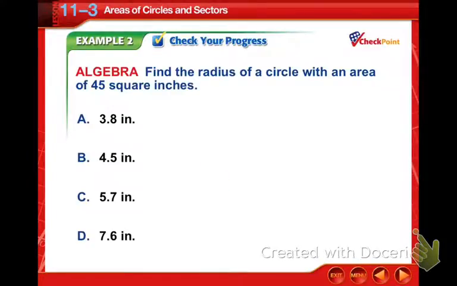All right. Our next one here, same idea. Want to find the radius. We are given the area. So our area now is 45, equal to pi r squared. Again, we divide by pi. So r squared is equal to 45 over pi.